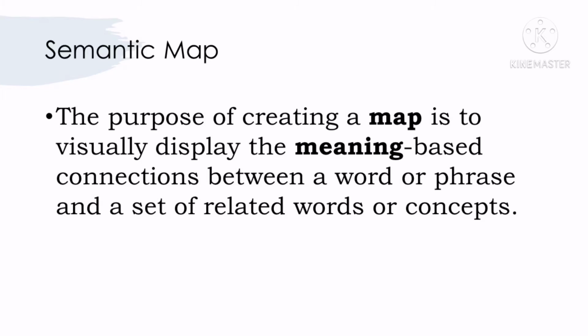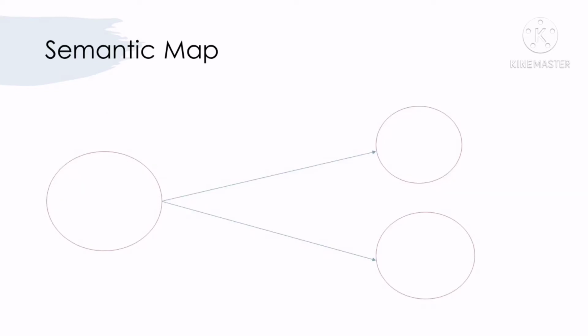Now the next is the semantic map. The purpose of creating a semantic map is to visually display the meaning-based connections between a word or phrase and a set of related words or concepts. This is an example of a semantic map.